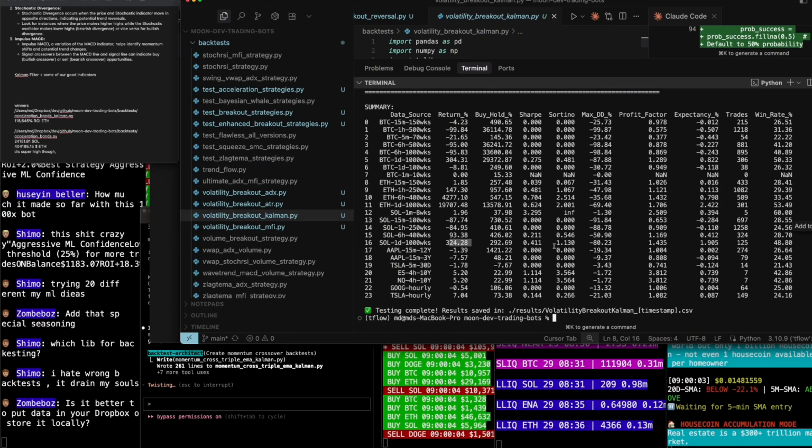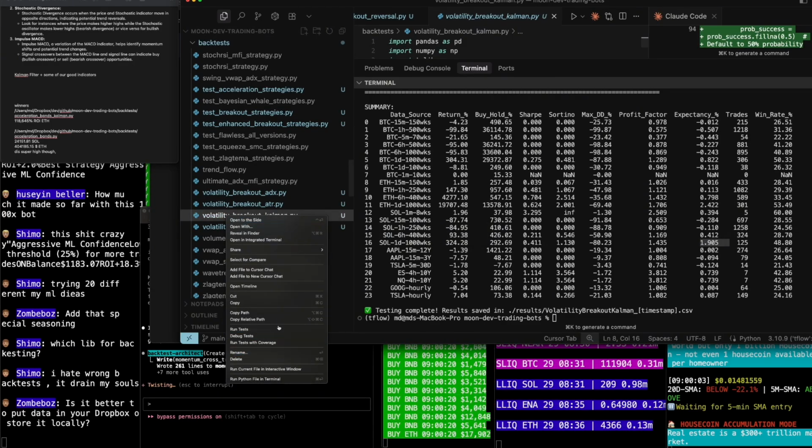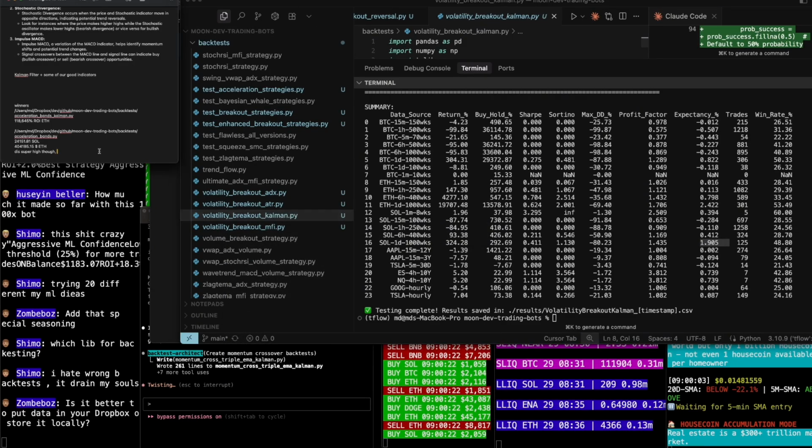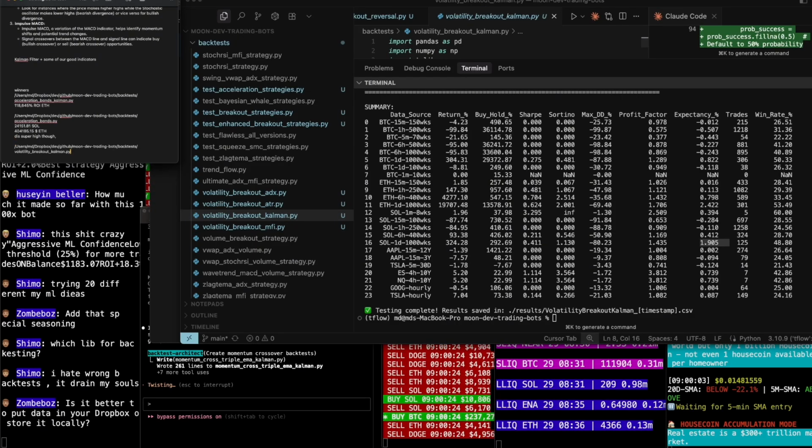SOL 1 day is better than the buy and hold. Expectancy 1.9. BTC 1 day, 1,000 weeks. These aren't bad. Volatility breakout, so let's go ahead and put that one in there as well. So our winners file, just so I know which ones do well.